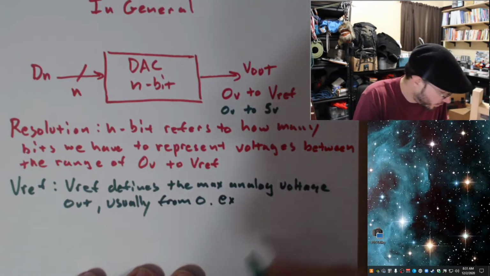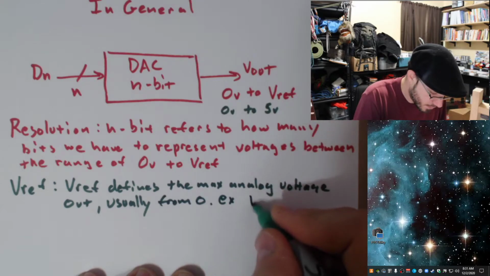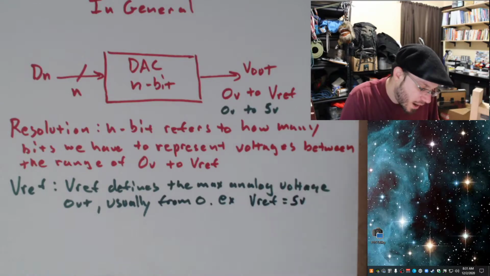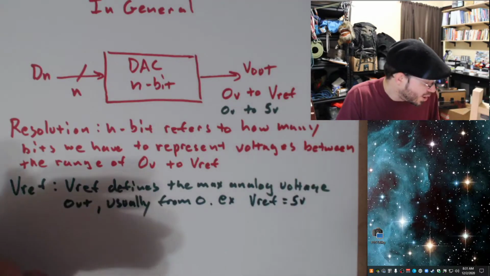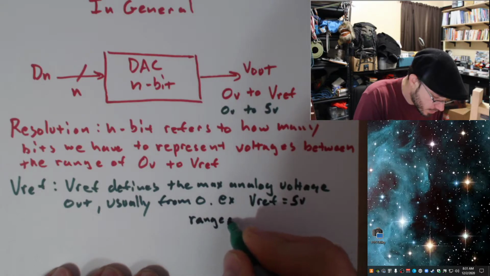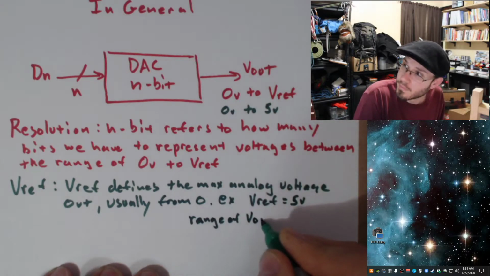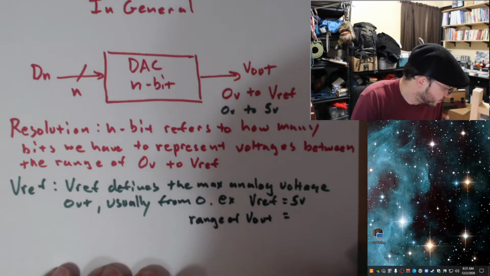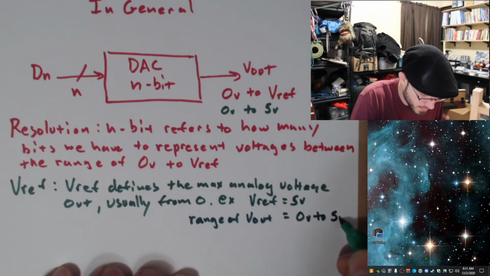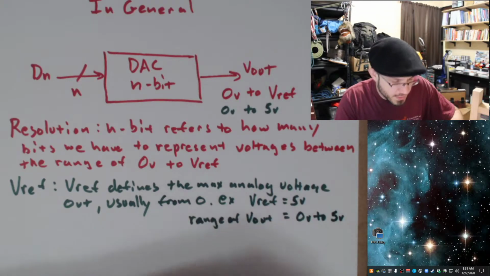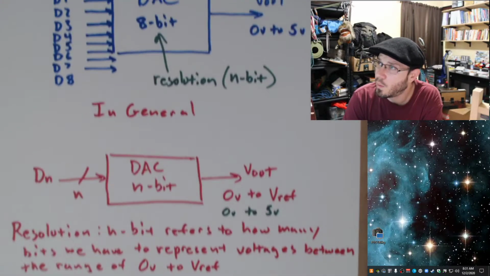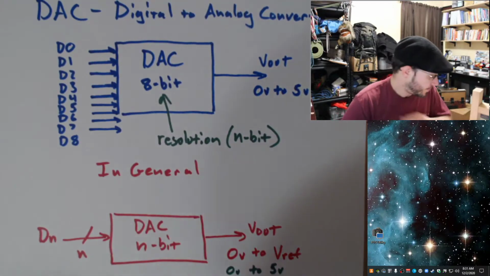So, for example, if Vref equals 5 volts, then the range of V out equals 0 volts to 5 volts. And like I said, I'll be using that for my examples. Okay, so this is what we want to construct.